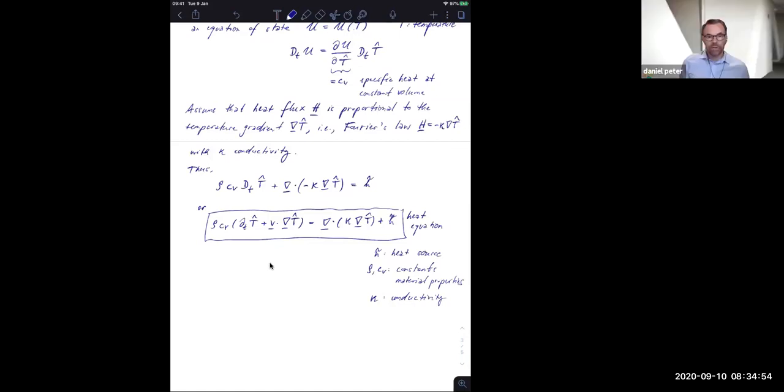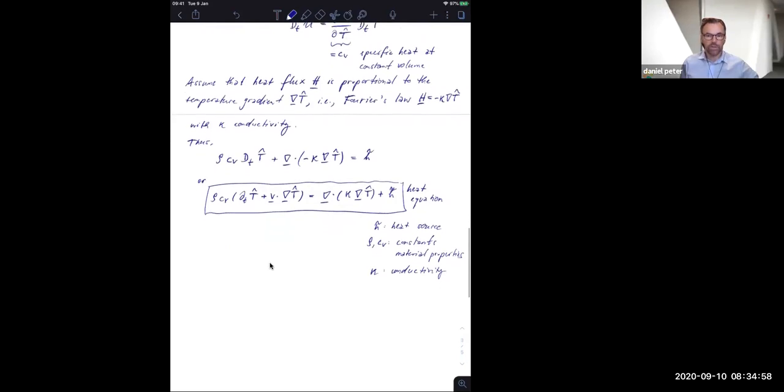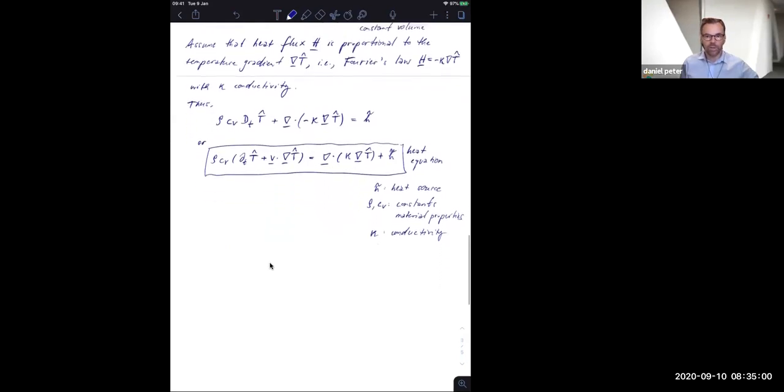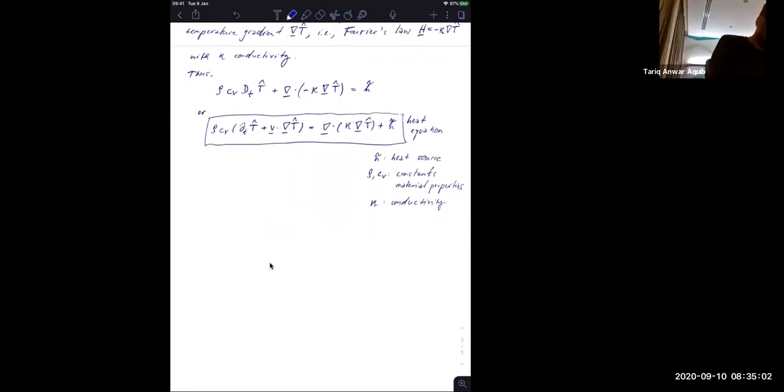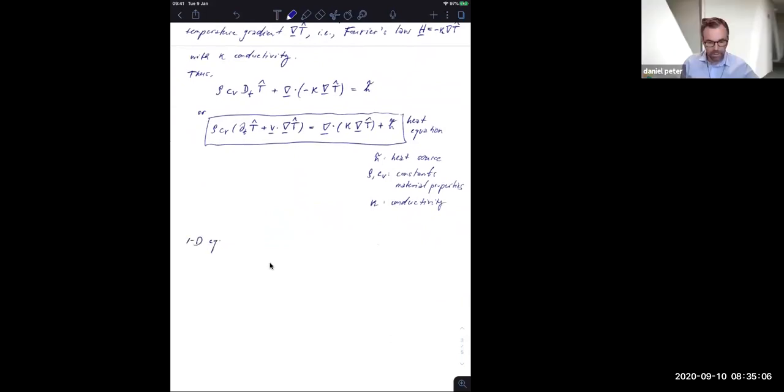Good, how would that look in 1D? Because the 1D equation is the one we're going to solve then numerically with our methods. So let's write that quickly down, the 1D equation.